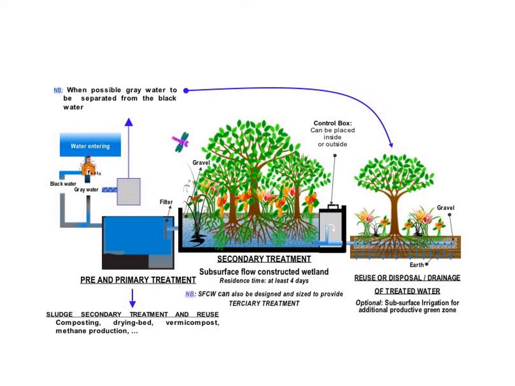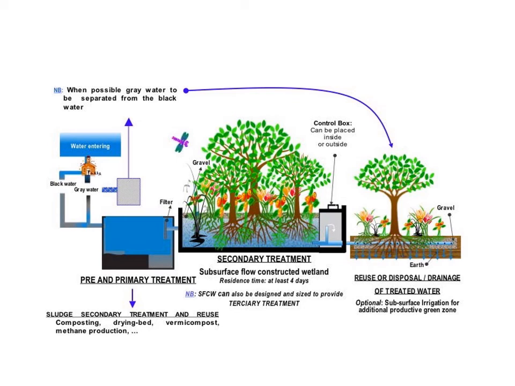So in this diagram, water is entering the pre and primary treatment plant, and large deposits are eliminated, and it will be filtered and passed to the secondary treatment plant.